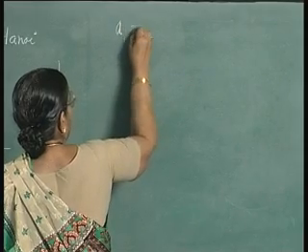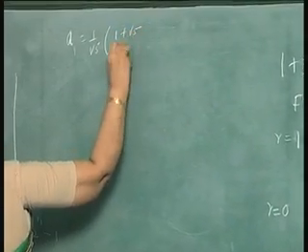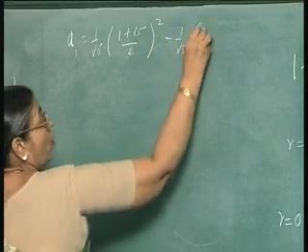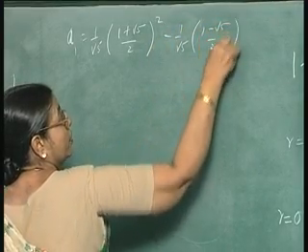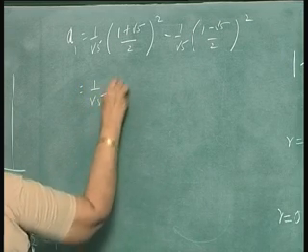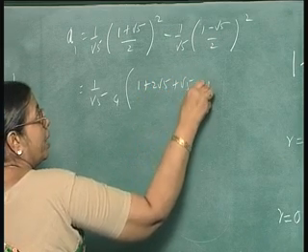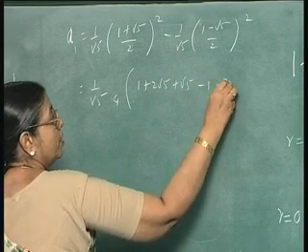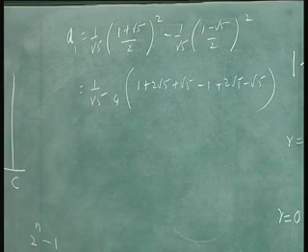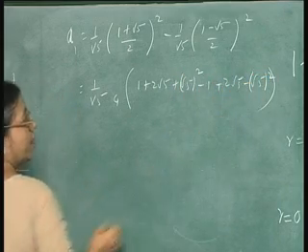A1 will be 1 by root 5 into 1 plus root 5 by 2 the whole squared minus 1 by root 5, 1 minus root 5 by 2 the whole squared, which will be 1 by root 5 you can take out, you can also take 4 out, then it will be 1 plus 2 root 5 plus root 5 the whole square minus 1 minus 2 plus 2 root 5 minus root 5 the whole square, expanding.